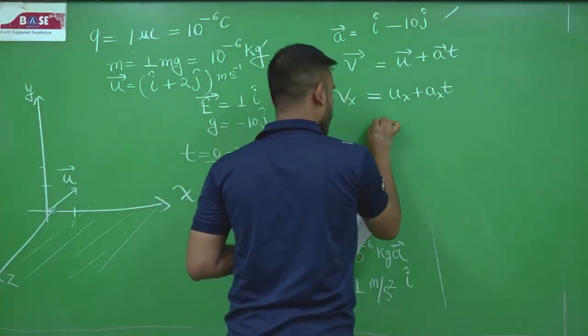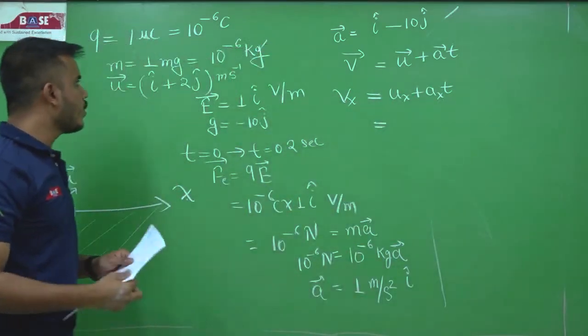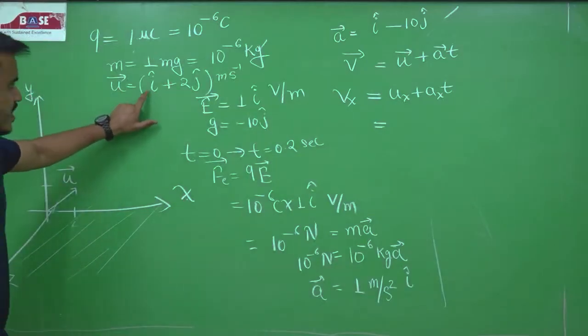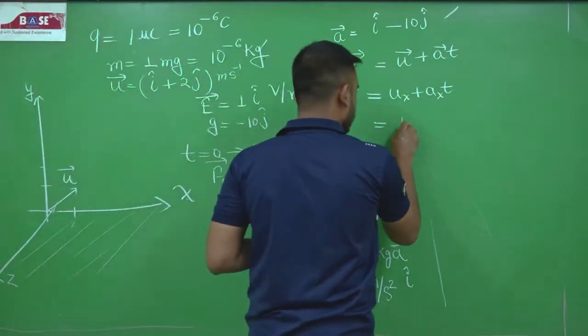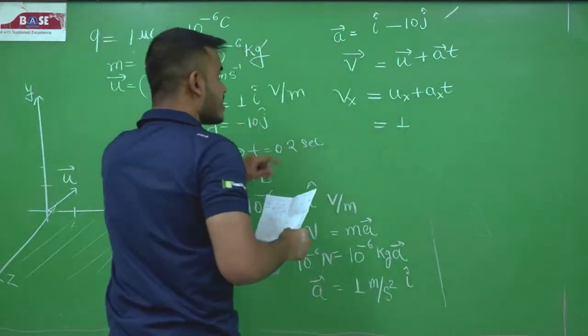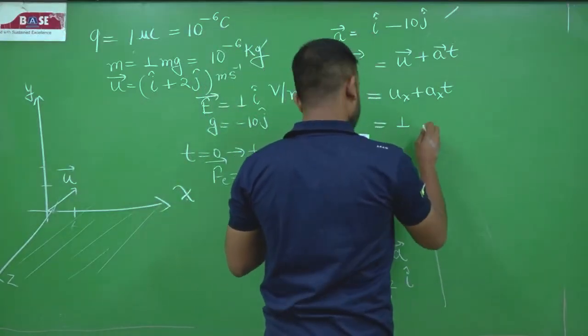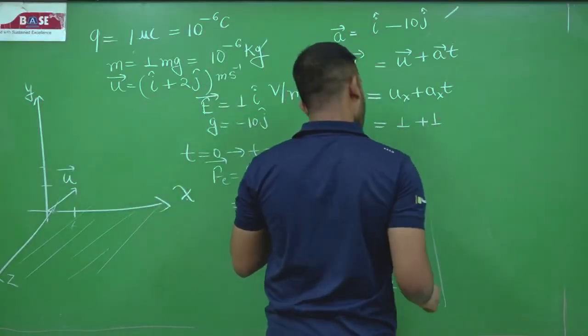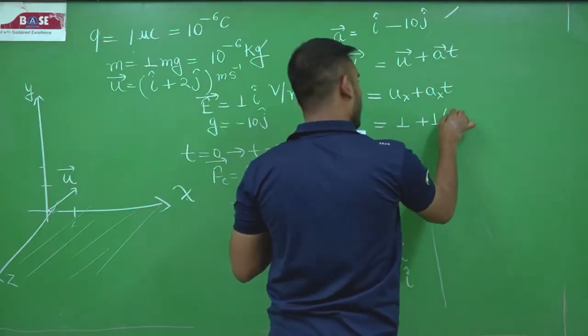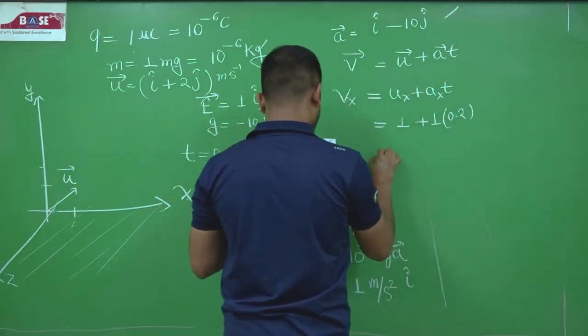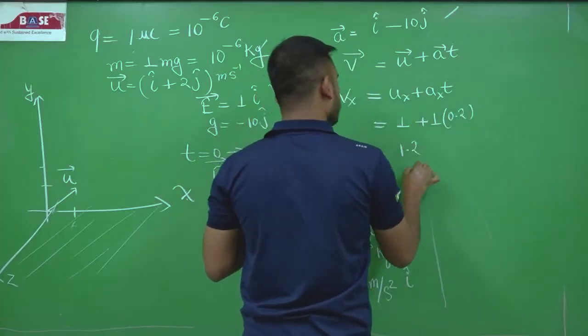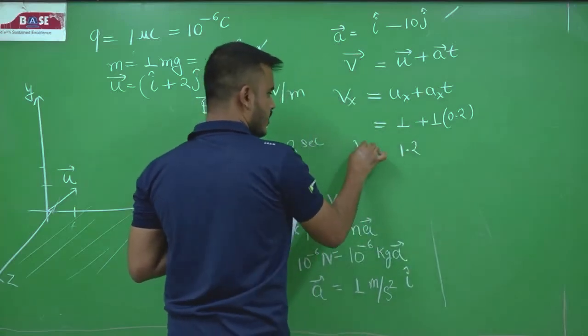What is the initial speed along the x direction? Initial speed is 1 meter per second. What is the acceleration along the x direction? 1, into t. What is the time? After 0.2 second. So it will be 1.2, and this is along the x direction, so vx.